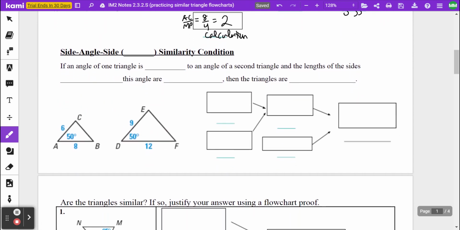We continue. Now we're going to do side-angle-side, SAS similarity.